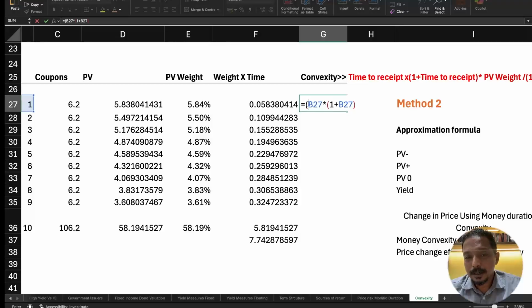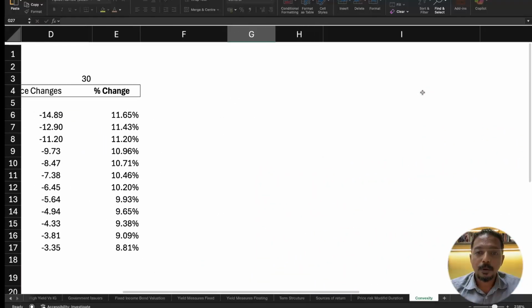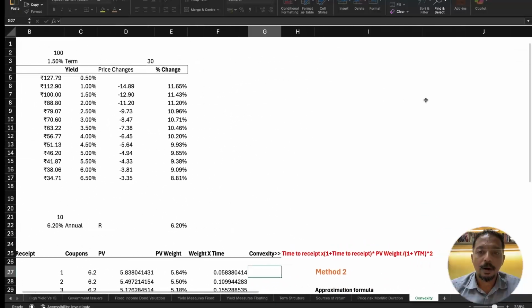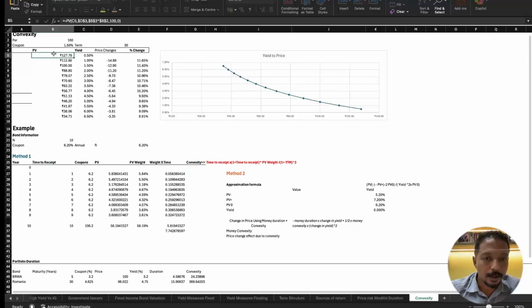So just try to understand here that this B27 that I'm taking out here is nothing but the first derivative, which is the duration that we calculated. And now, since I am also trying to consider the fact that this duration, when we look at this chart which we had created on top of the yield of the bond, which has now got lost, so I'm just going to make it again. Oh yeah, it's here.